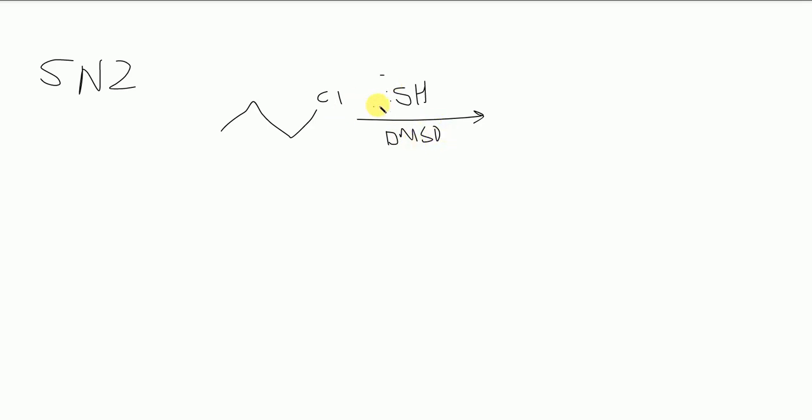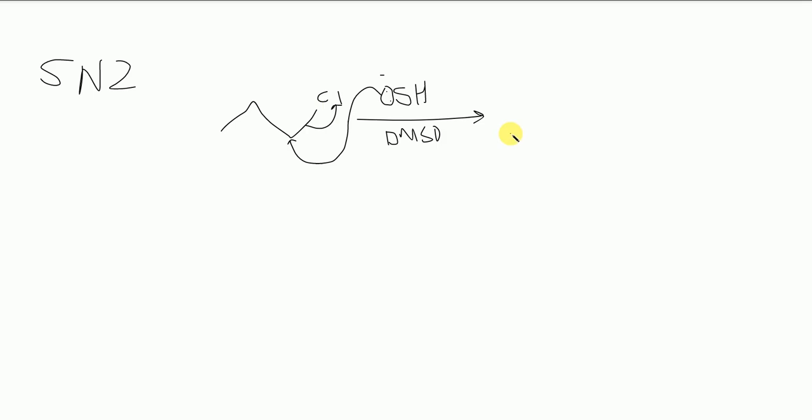and a negative charge. And what happens is this lone pair from the nucleophile comes and attacks the carbon that the leaving group is on. So I said this is my leaving group, my halogen, and this is going to cause this to leave.